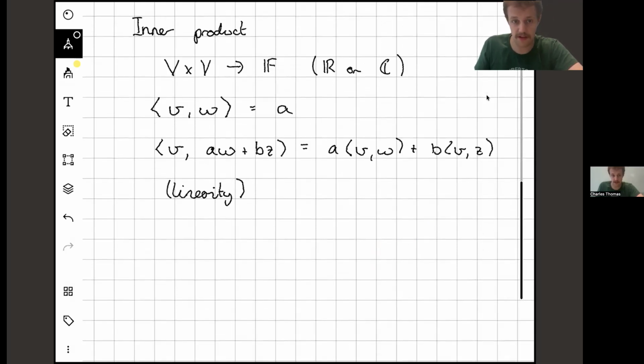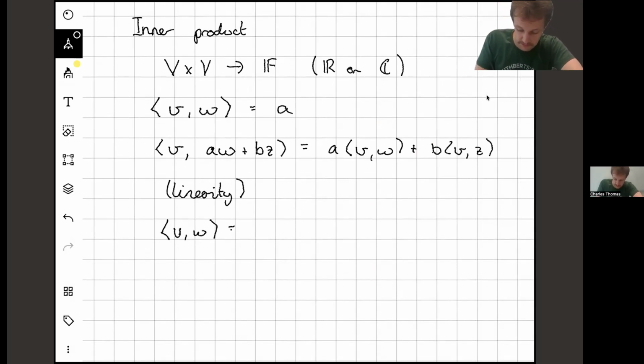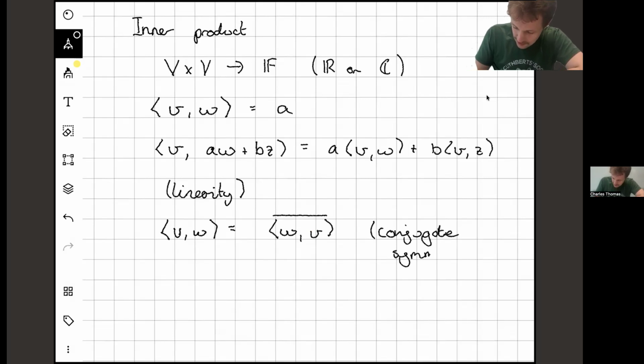We must have another property, which is called conjugate symmetry, which says <V, W> is the complex conjugate of <W, V>.